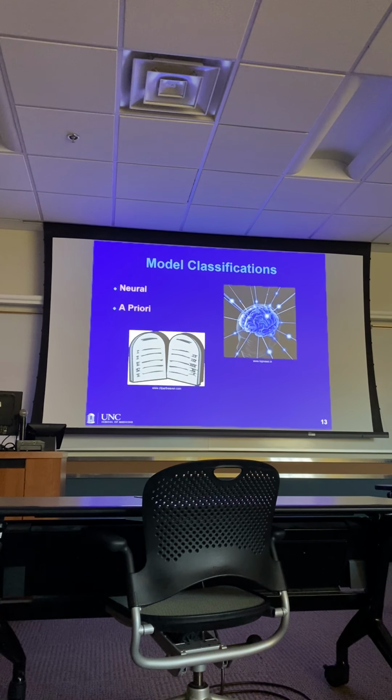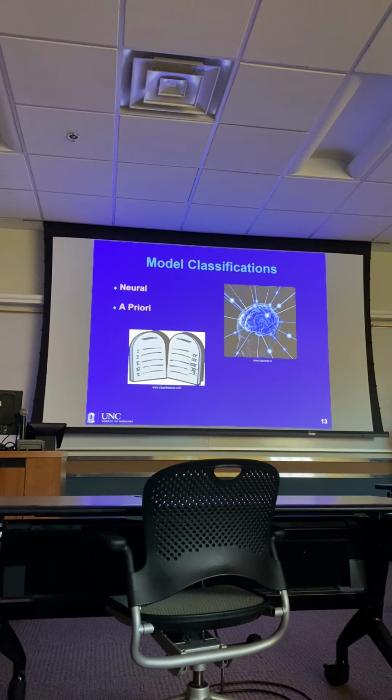Okay. So let me talk about these models so you understand what I mean about comparing your histogram to models. There are two types of models, two categories of models. There's something that's called neural, and there's something that's called a priori.